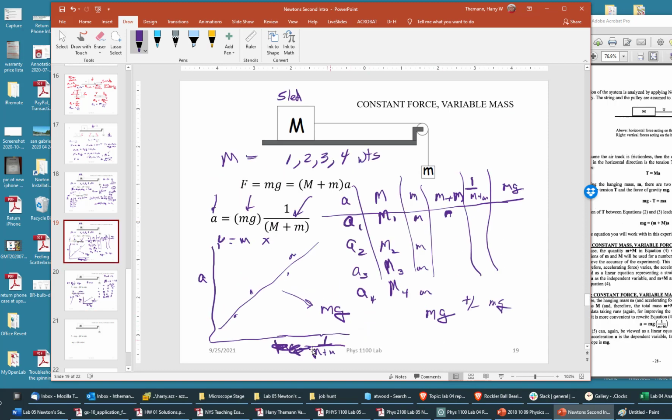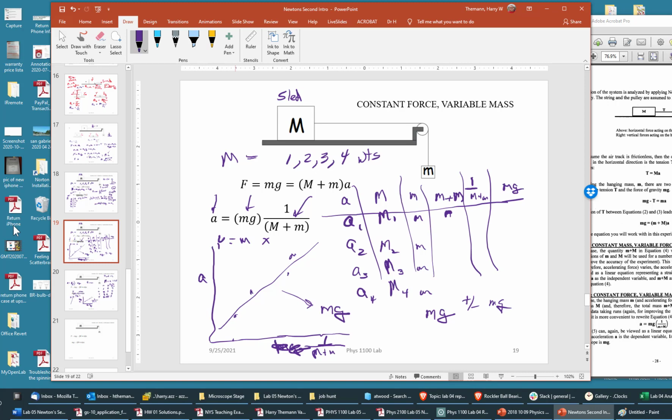And then this one here, we're varying the mass, but because it's an inverse relationship, we put 1 over for the x-axis. That's good, because if we make this m plus m bigger, then this will be a smaller number, and then a will be smaller at the same time.